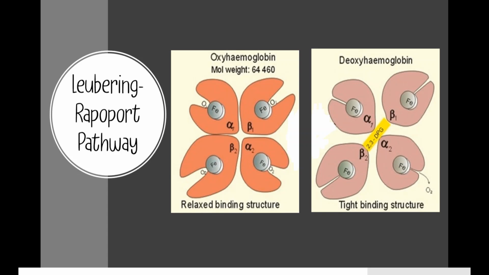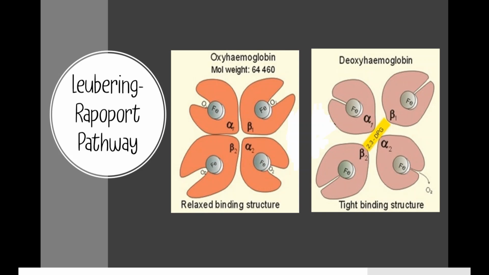So in other words, when 2,3-DPG is bound to the hemoglobin molecule, oxygen will be readily released as needed by the tissues. Now, when 2,3-DPG is bound to the hemoglobin, actually the attachment is because of a salt bridge that forms between the beta and the beta chain, as in this presentation here. So the salt bridge formed between the beta chains allows the attachment of 2,3-DPG.